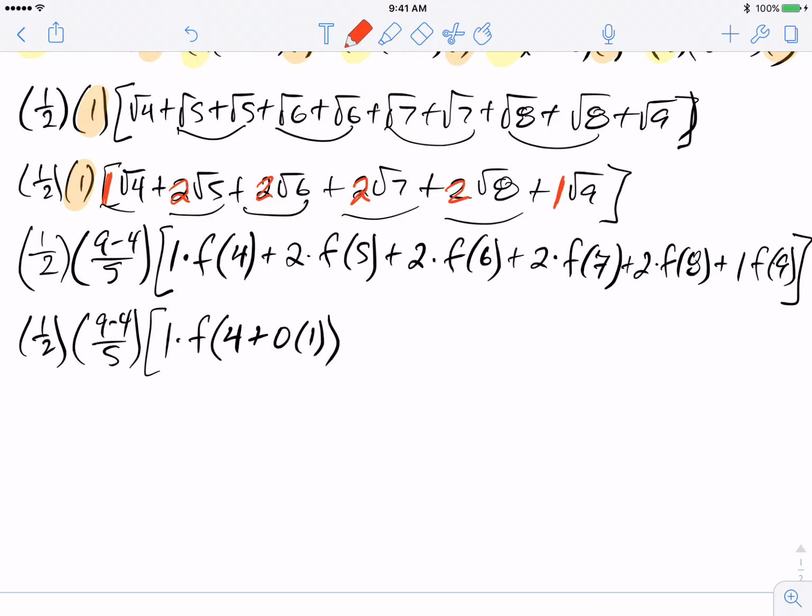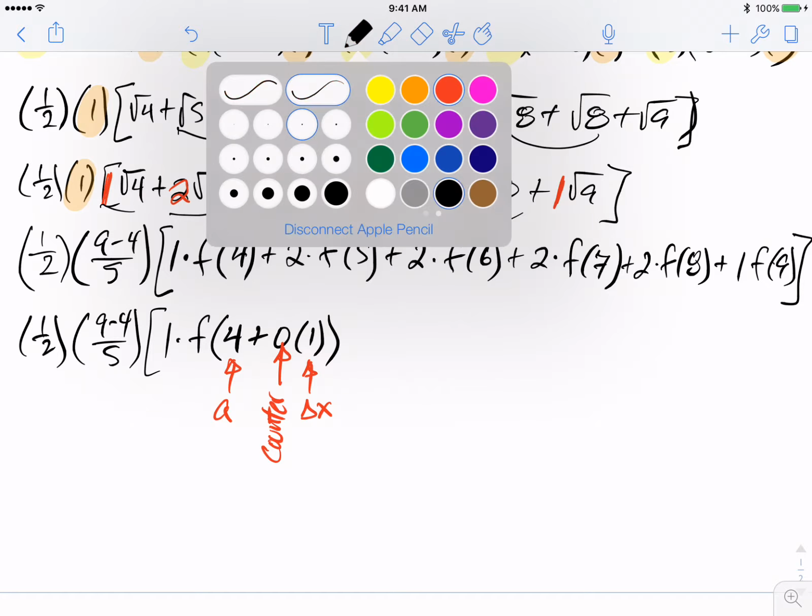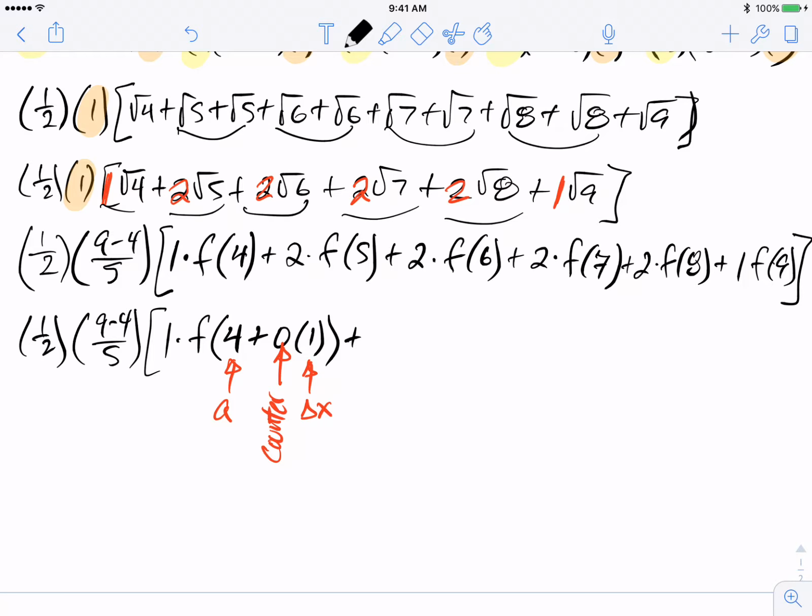Well, 4 is our a value. That's the start of our interval. 1 is our delta x. And it turns out that our 0 is going to serve as our counter. So when I write this whole thing out, it's actually going to go like this.